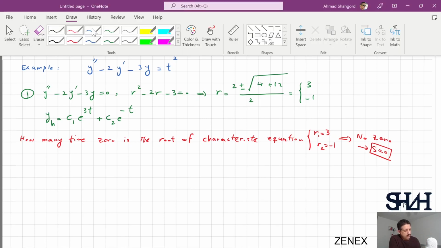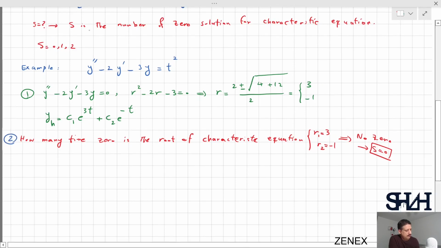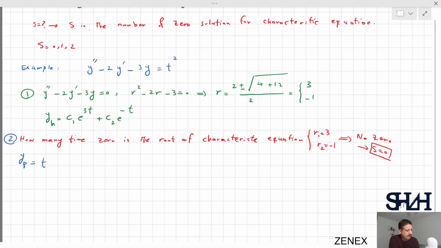Now we can form the particular solution. It is t to the power of s. It's a t to the power of 2, so I have to write a polynomial with second order. Instead of a1, a2, a3, or a0, a1, a2, I use a, b, and c.